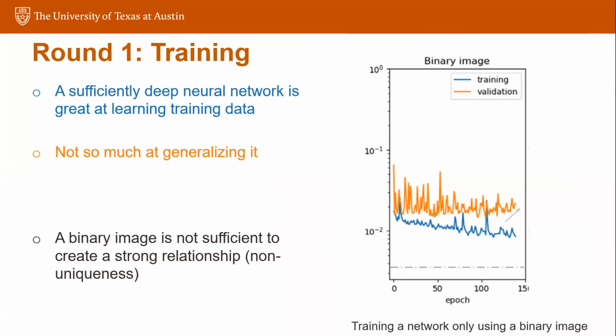So starting from these principles, we attempted to train a deep neural network that had a binary image as input and was trying to predict the velocity field given by Lattice-Boltzmann as output.